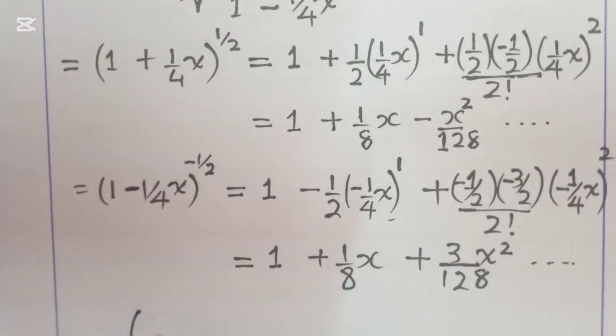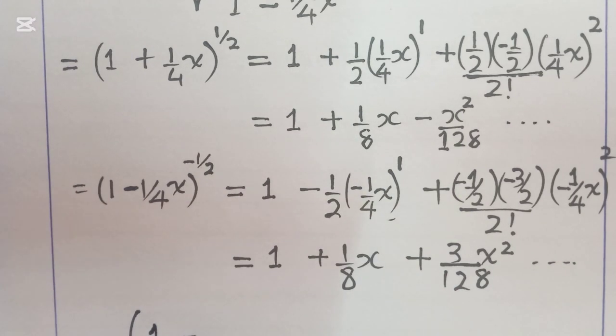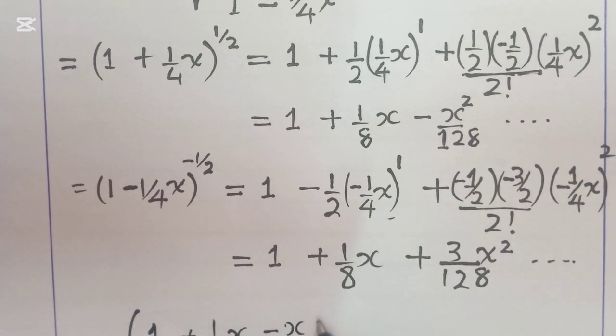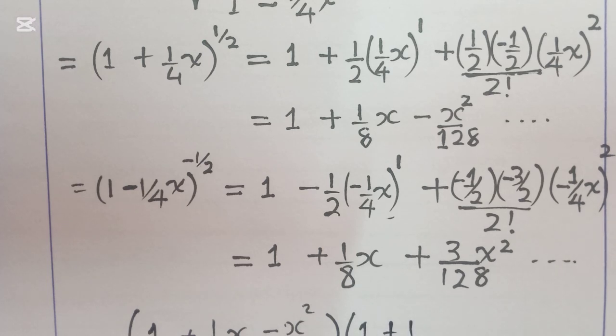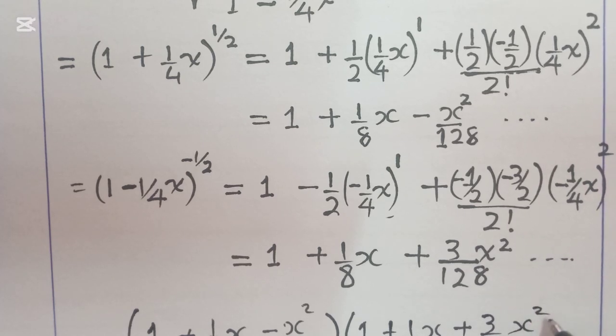So we shall have 1 plus 1 over 8 x minus x squared all over 128. We multiply with this 1 plus 1 over 8 x plus 3 over 128 x squared.